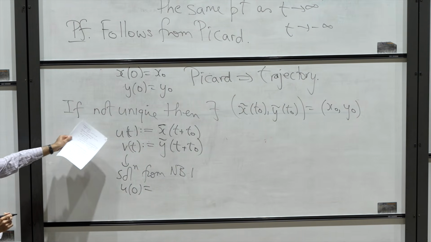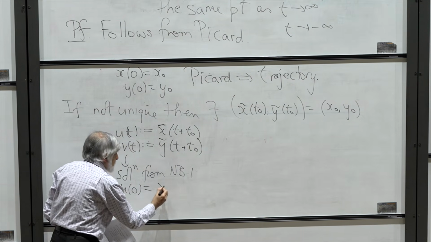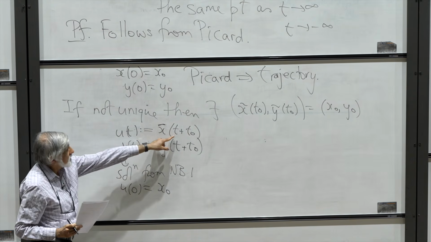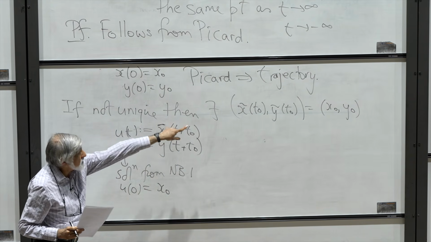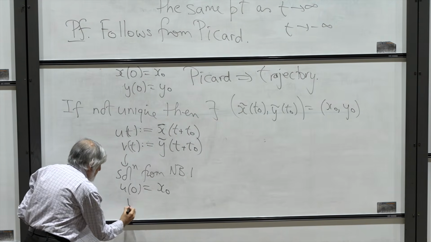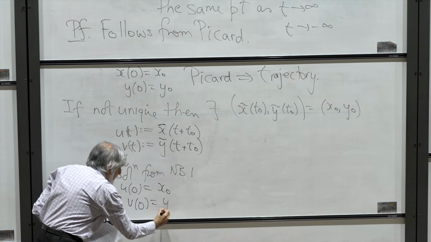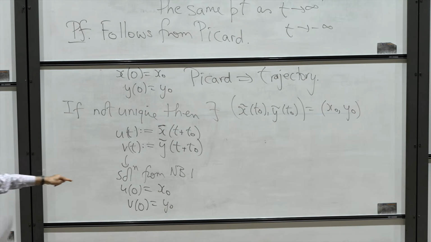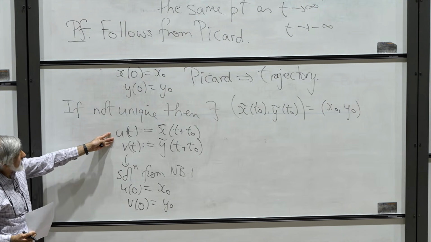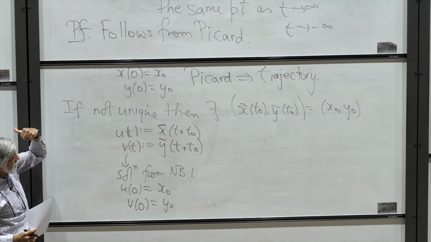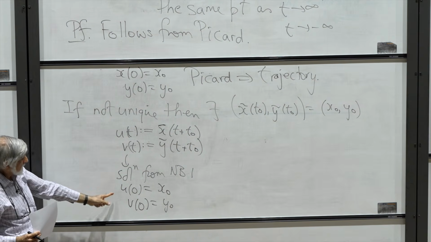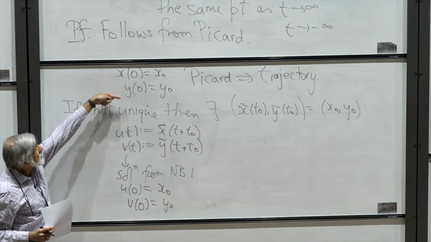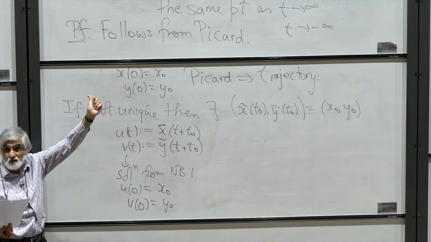So u of naught is x naught, because u of naught is x hat of t naught, which is x naught. v of naught is y naught. So this satisfies the differential equation from NB1. It has the initial condition as this one, so it must be the same.